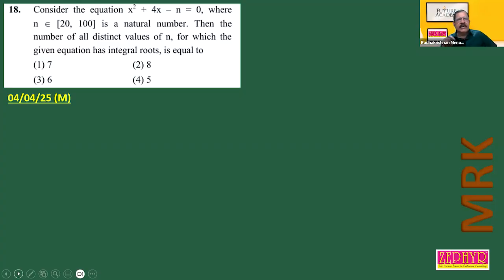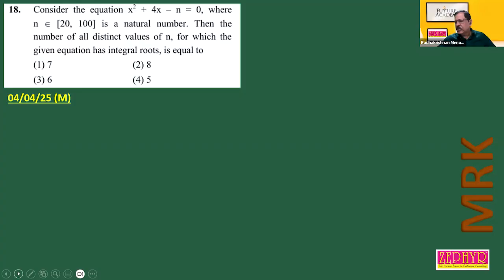തന്നിരിക്കുന്ന quadratic equation റൂട്ട്സ് ഇന്റിജേഴ്സ് ആയിരിക്കണം. Number of distinct values of n in between 20 and 100, how many natural numbers are there for which this quadratic equation has got integral roots?